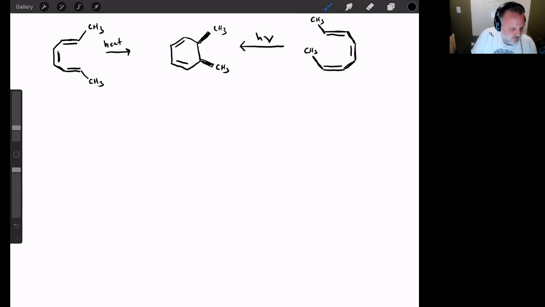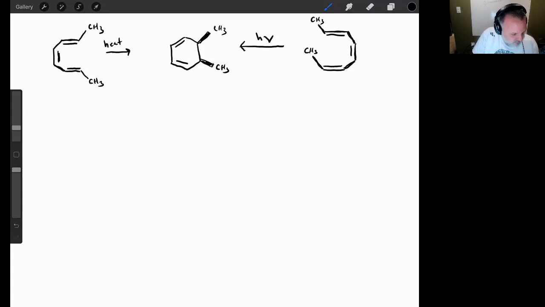Now, remember, I think ultimately the equilibrium of the next set favors the ring opening and not the ring closing. I'm going to nonetheless show it from the perspective of the ring closing, just to talk about it from a stereochemical perspective.